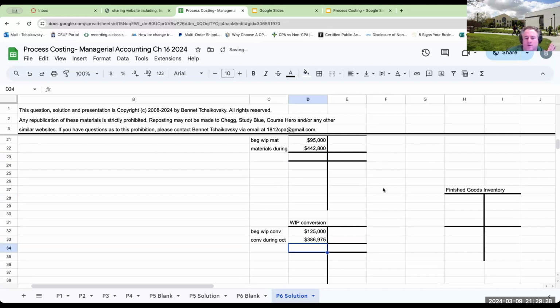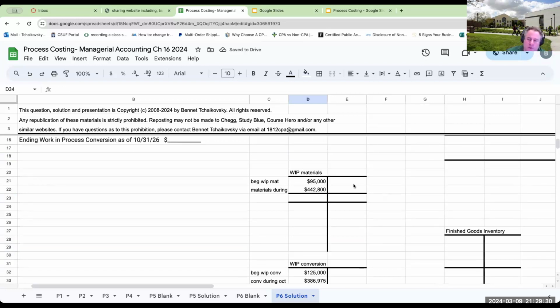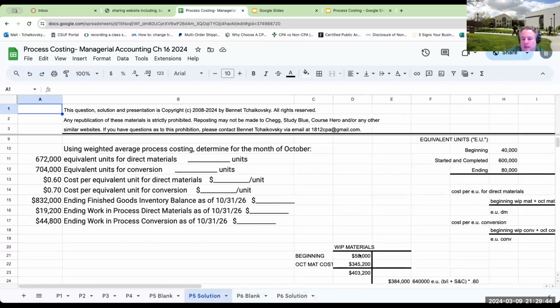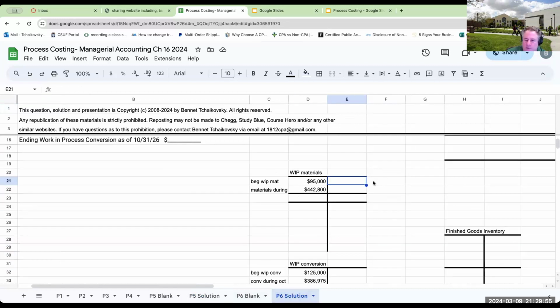Now, the reason why I want you to do this first when you have FIFO questions is because we need to get rid of the beginning inventory. This is incredibly important. When we look at weighted average, we were taking an average cost per equivalent unit of the beginning plus whatever costs I had during the period. For this one, I'm getting rid of it immediately. So it's FIFO, first in, first out.